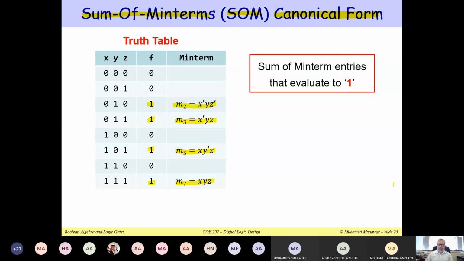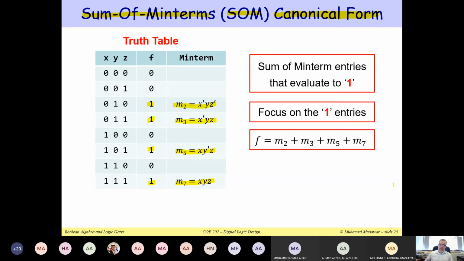So now I can write my function. We focus on the 1 entries, and I can write my function as minterm sub 2, or minterm sub 3, or minterm sub 5, or minterm sub 7. So we call it a sum of minterms.